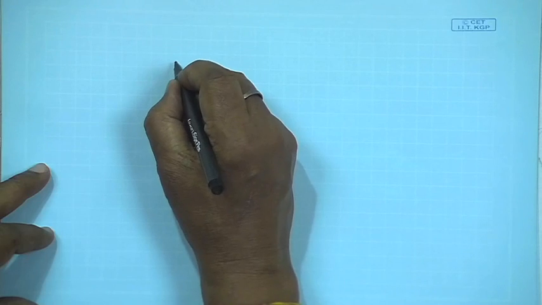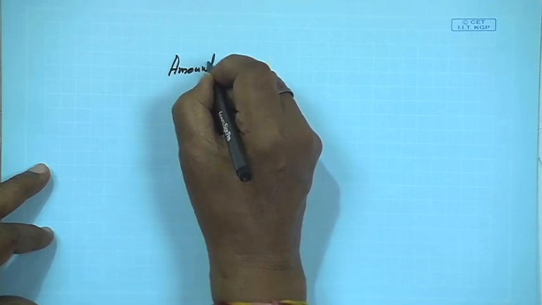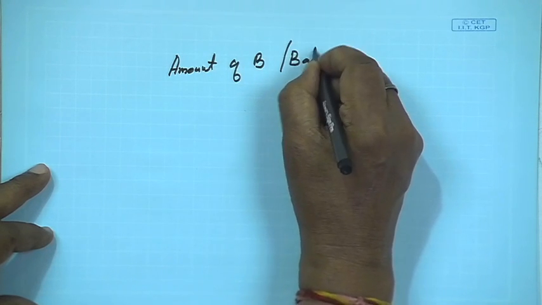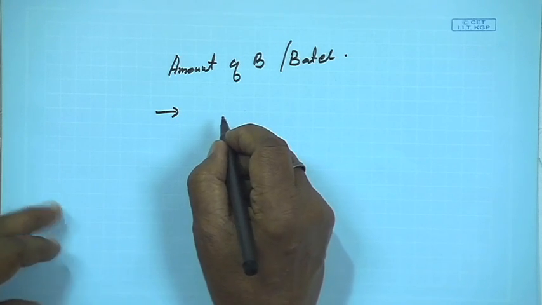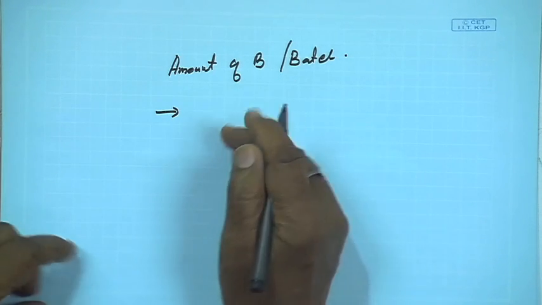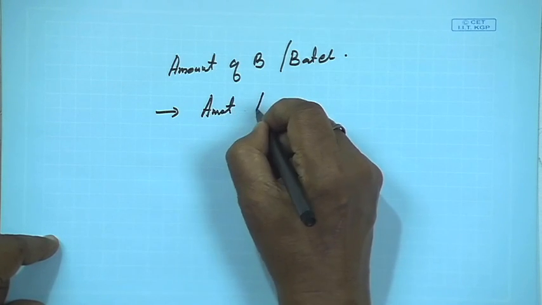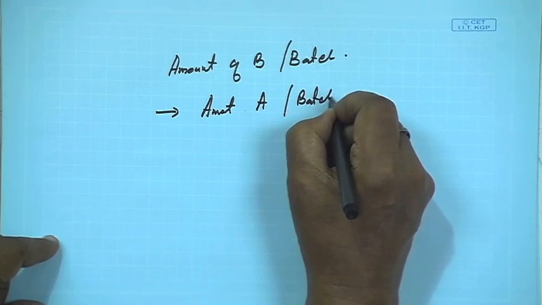Suppose you calculate the amount of product B per batch, and from that you find out the amount of A required per batch. Now, what is the volume of the reactor?